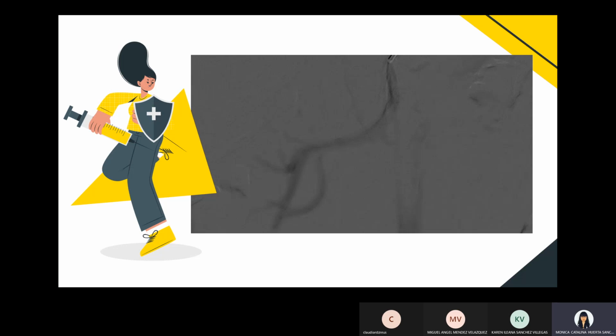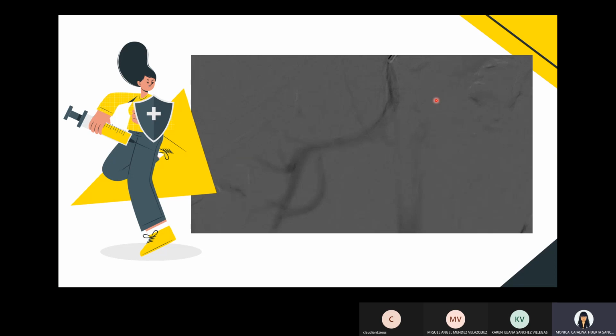Here we see the initial control where we see no contrast going to the superior mesenteric. Here we see the inferior mesenteric, but here we see no branches. So we know there's no contrast inside the superior mesenteric artery.